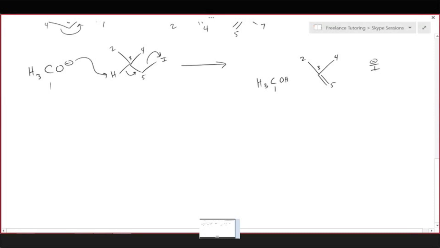Okay, this is a kind of complicated example. You ended up with three separate things, so to speak, three separate molecules, but you worked that out correctly. Good.